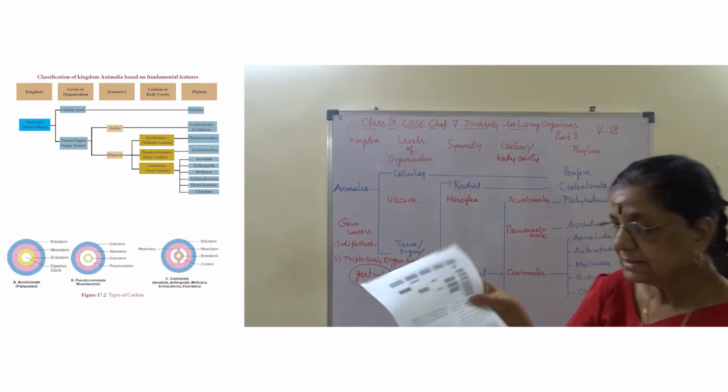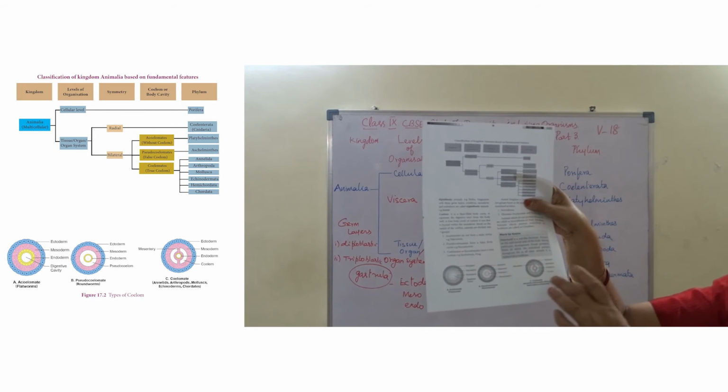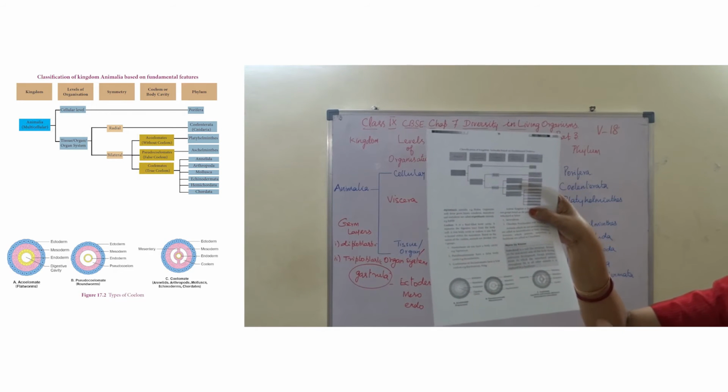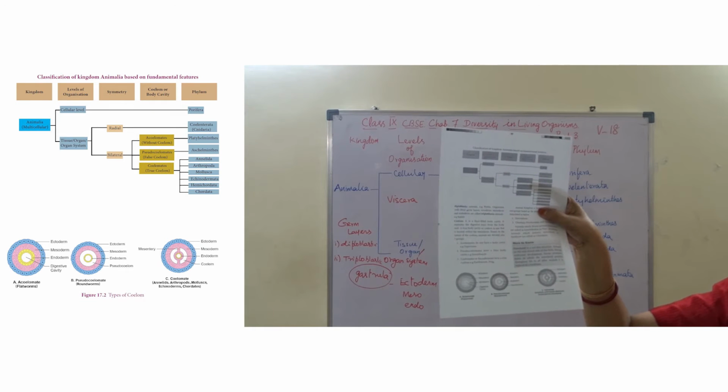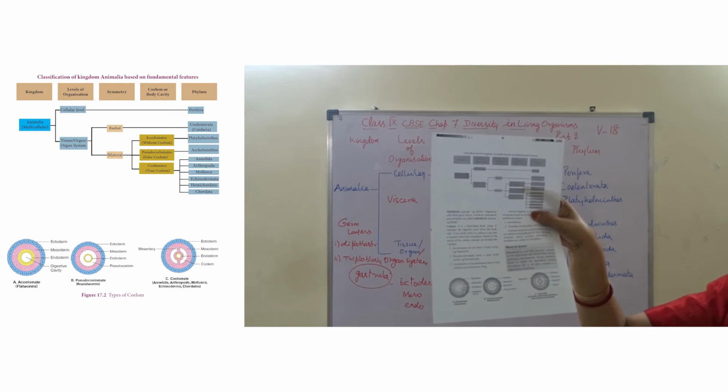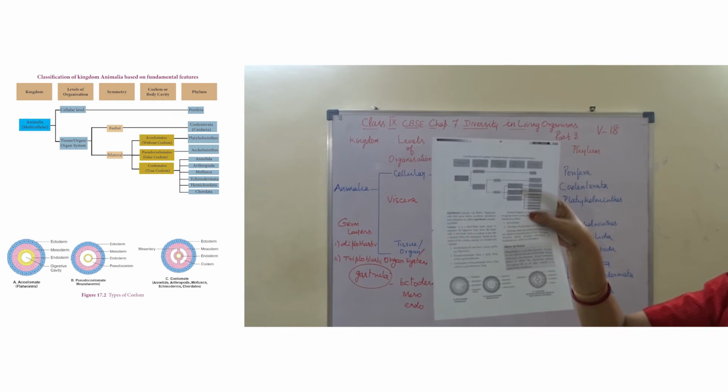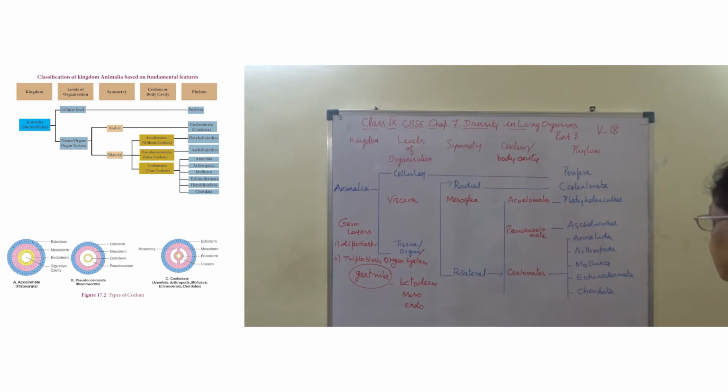Sorry, and this is the figure. உனக்கு வீடியோல வரும். This is the figure. இது கேட்பேன், இந்த டயக்ராம் மட்டும் வரைய சொல்லி எக்ஸாம்ல கேட்பேன். Are you clear? Yeah? So this is for coelomate animals, right?